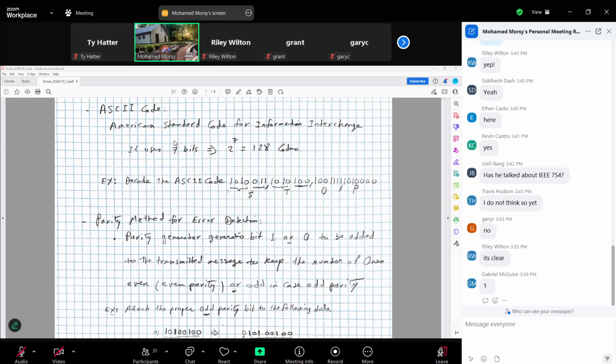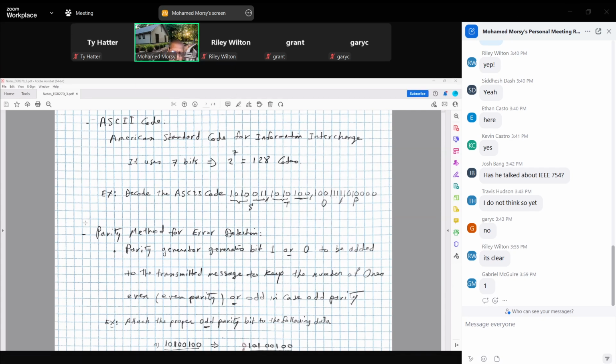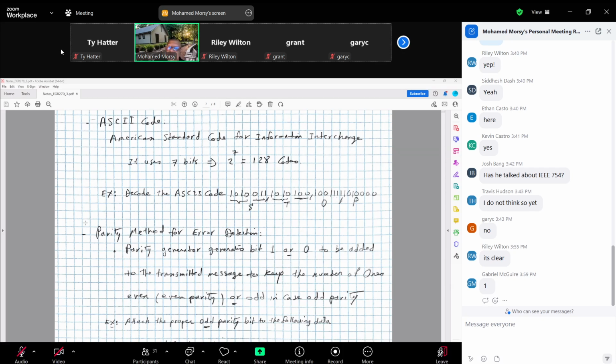Okay, if you Google ASCII code, either 7 bits or 8 bits, they will give you the whole representation for the symbols. So when you hit, for example, if I hit S on the keyboard, this is analog. It must enter the computer as digital.